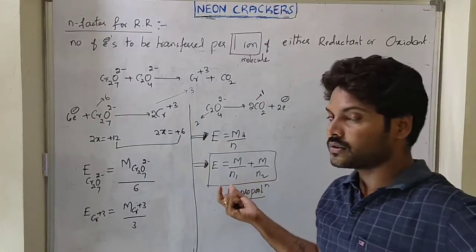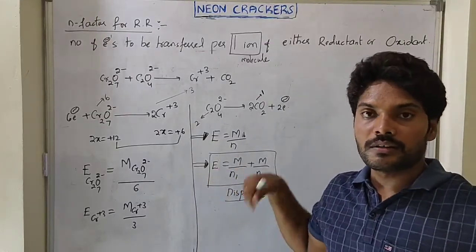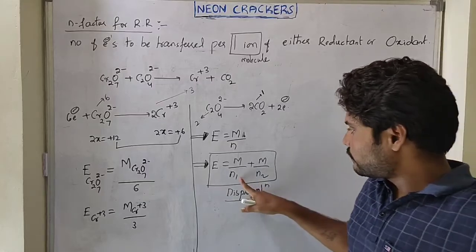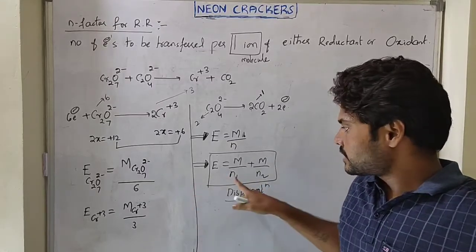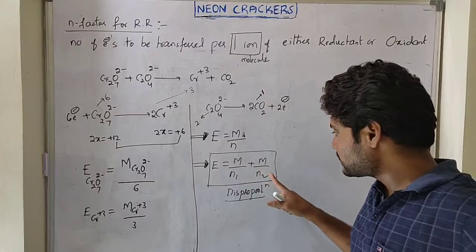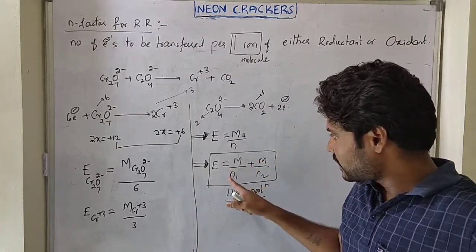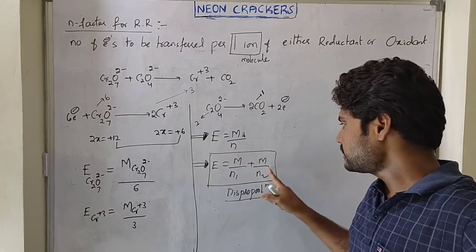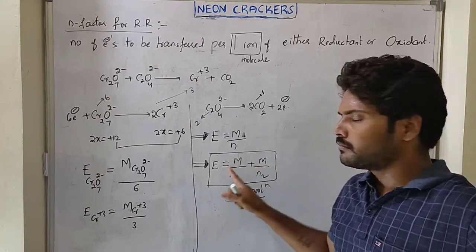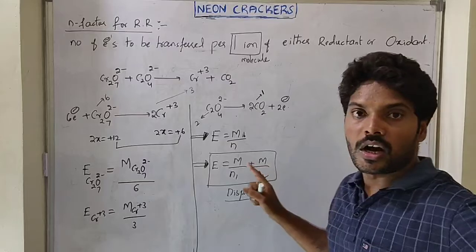A single substance undergoes oxidation and reduction as well. What is n1? In the oxidation reaction, the number of electrons. What is n2? In the reduction reaction, the number of electrons. Either way, you can consider one as the reduction reaction N factor and the other as the oxidation reaction N factor. One is reduction, another one is oxidation.